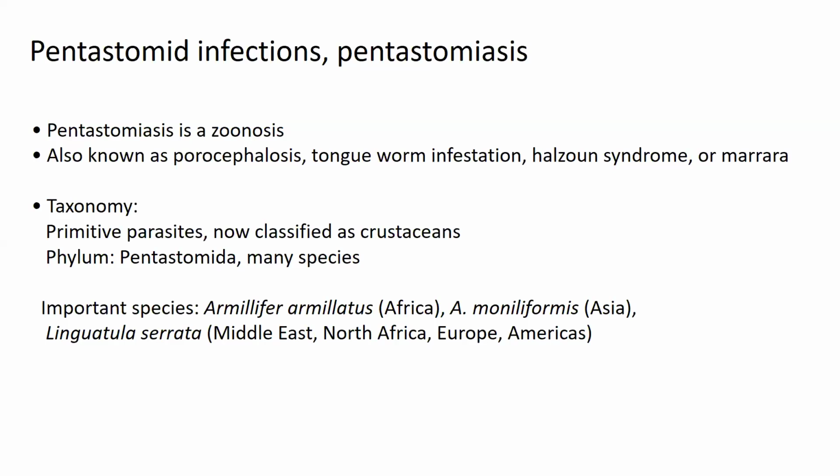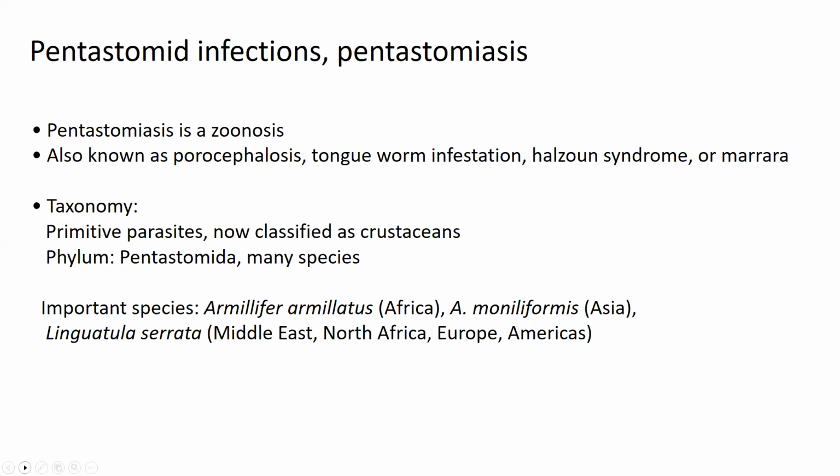The important ones, as far as humans are concerned, the ones that cause most infections in humans, are Armillifer armillatus in Africa, Armillifer moniliformis in Asia, and then in the Middle East and elsewhere, there's another species called Linguatula serrata. But there are many other species which primarily infect animals.